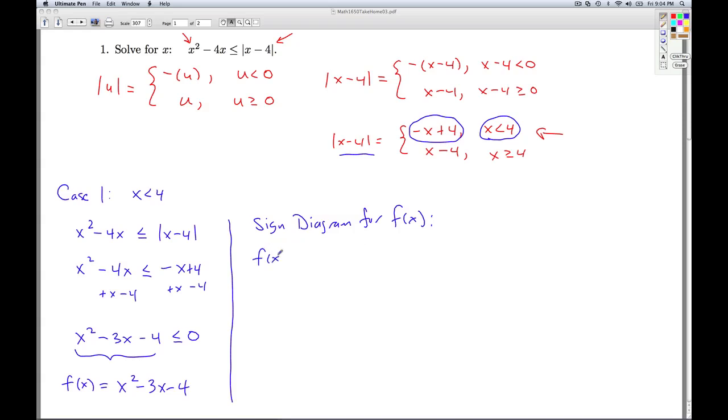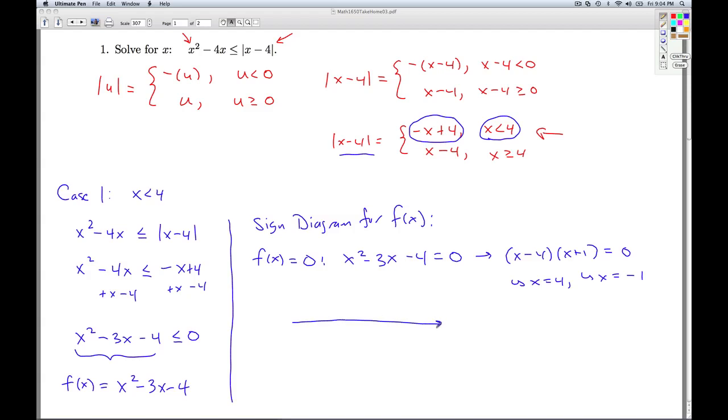So to find the zeros of the function, I set it equal to 0. And we cross our fingers and hope it factors nicely, which it does. x minus 4 times x plus 1. So from x minus 4 is 0, I get x equals 4. And from x plus 1 is 0, I get x is negative 1. So those are the critical numbers I put on my number line.